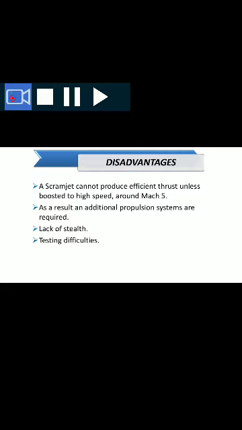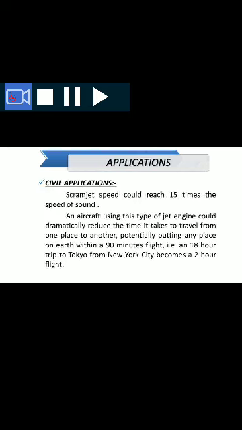So this is the main disadvantage. As a result, an additional propulsion system is required. Next, lack of stealth. Next, testing difficulties occur. These are the disadvantages of the scramjet engine.